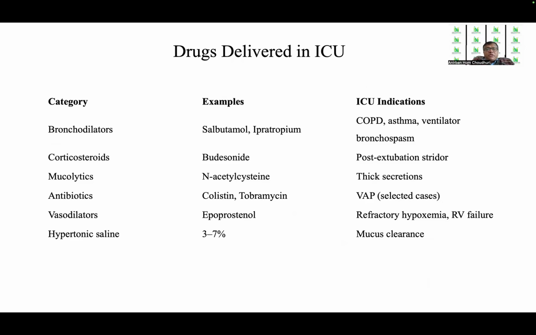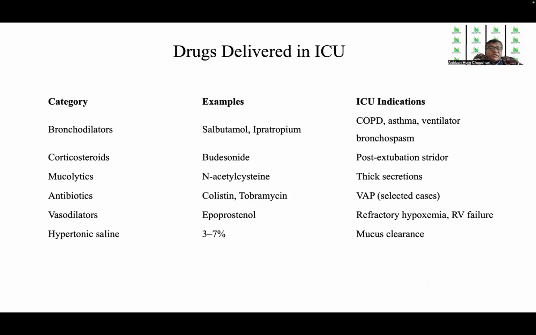If we look into the drugs which are delivered in the ICU using these devices, primarily we deliver bronchodilators like salbutamol and ipratropium in indications like COPD, asthma, ventilator bronchospasm, etc. Corticosteroids such as budesonide, also in COPD, asthma, as well as post-extubation stridor. Mucolytics like NAC when patients have thick secretions, when we need to break the disulfide bond.